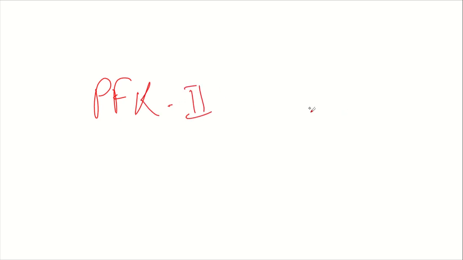Let's learn something more about it. PFK2 and fructose 2,6 bisphosphatase. These are some important enzymes and we should know about them. It is controlled by insulin and glucagon, right?